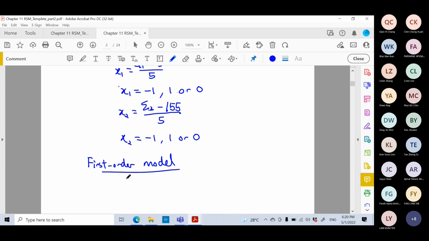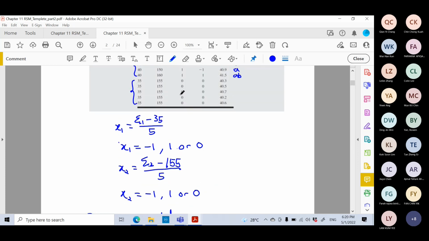Our first order model is y hat equals beta naught hat plus beta 1 hat x1 plus beta 2 hat x2.